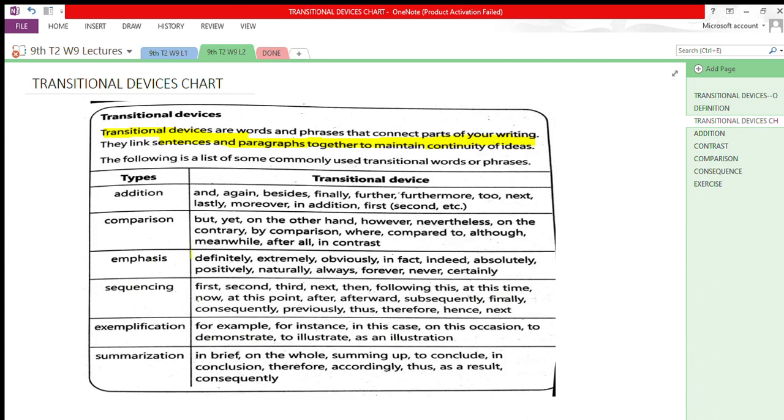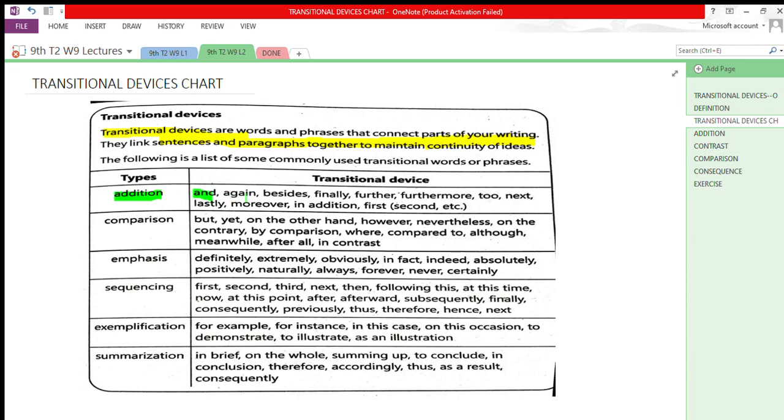The first one is addition. Which transitional words are we using when we want to add any point?